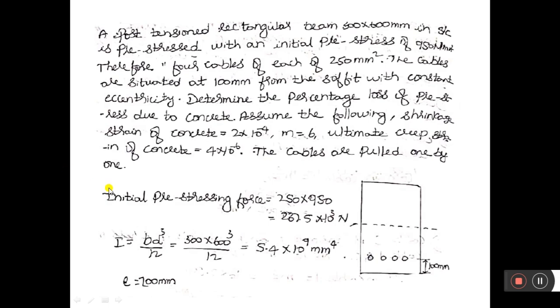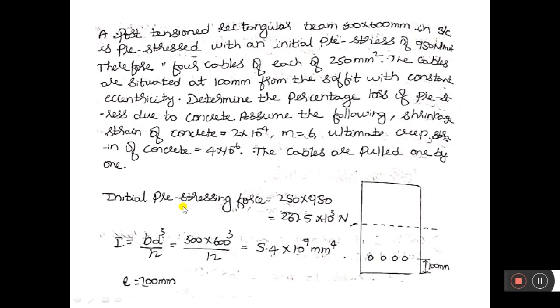Firstly, the initial pre-stressing force. In this problem they have given the cross-section area of each cable. The cross-section area of one cable is 250 mm square, and each cable is carrying an initial pre-stress of 950 Newton per mm square. Then what is the initial pre-stressing force that is applied for each cable?